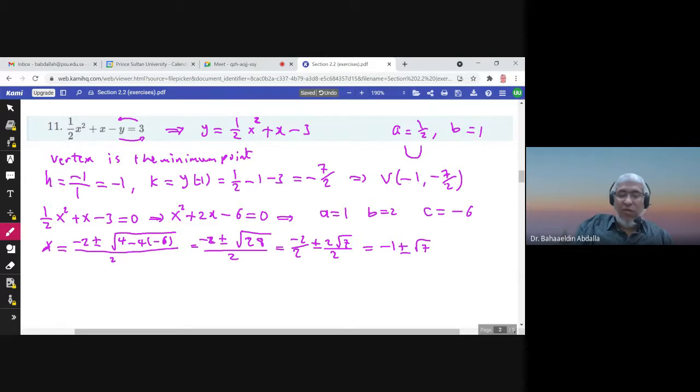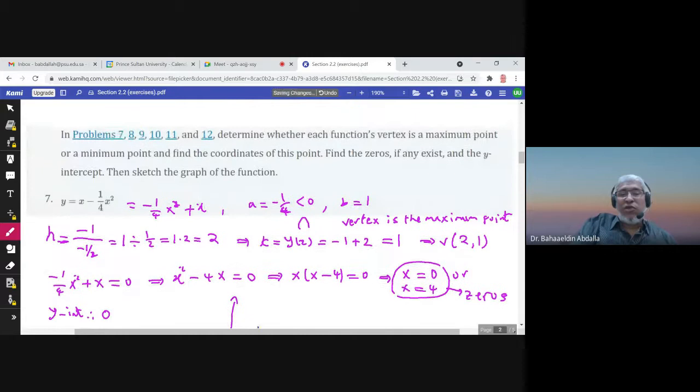So -1 plus square root of 7 is approximately 1 point. So the zeros are 1.65 approximately and -3.65. So these are the zeros.